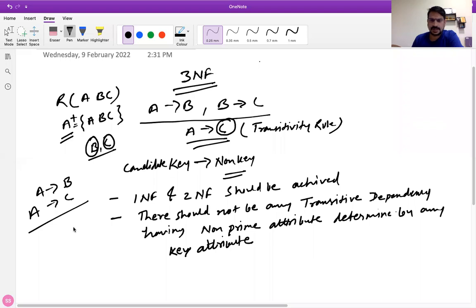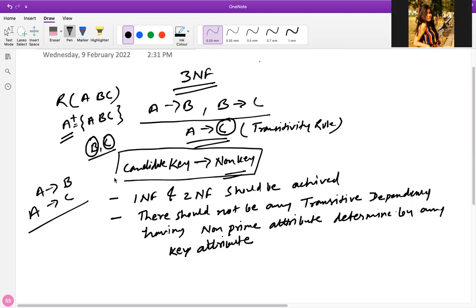But here we are getting it, in this form: a candidate key is determining some non-key. So if we are getting it in this form, it means that it is not in third normal form.